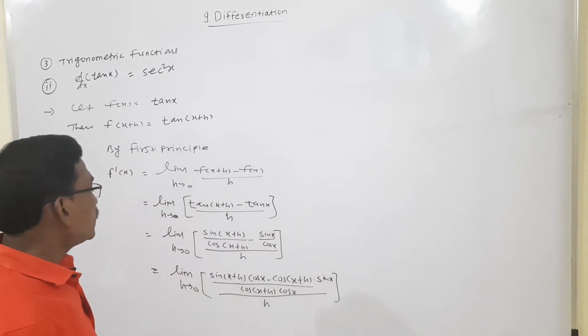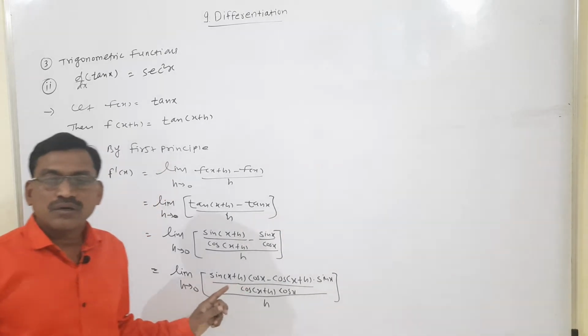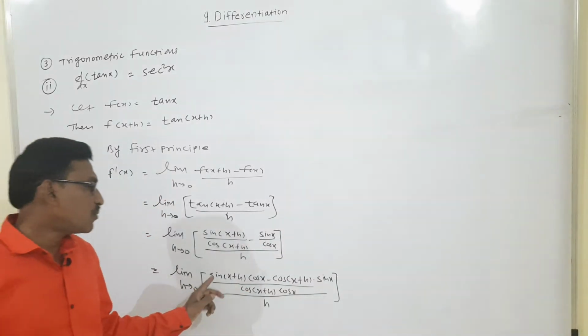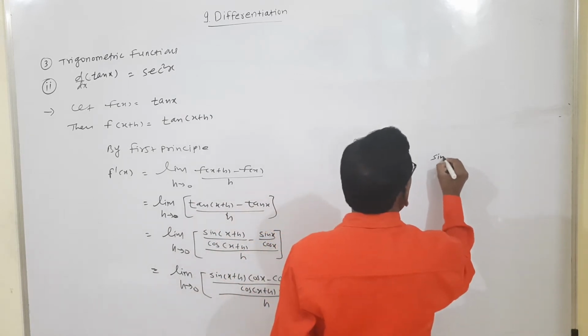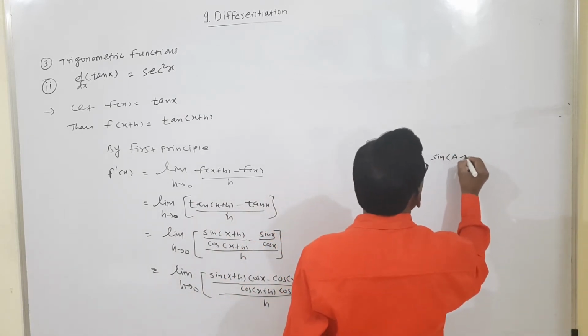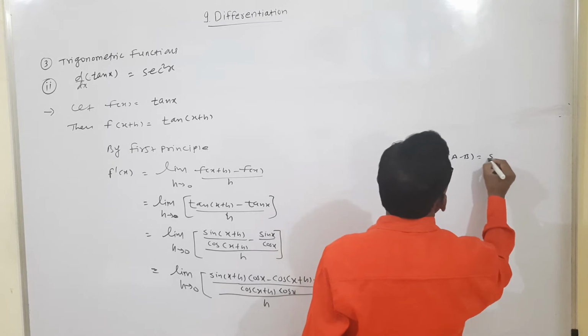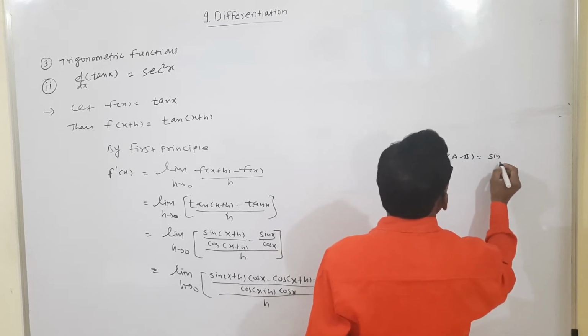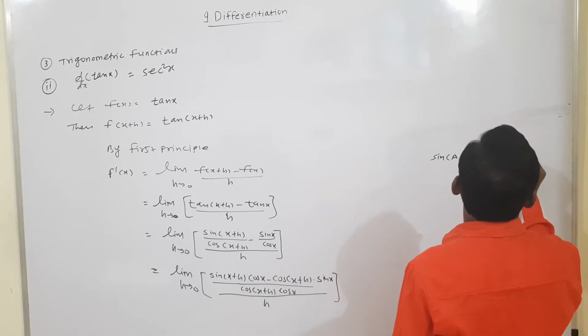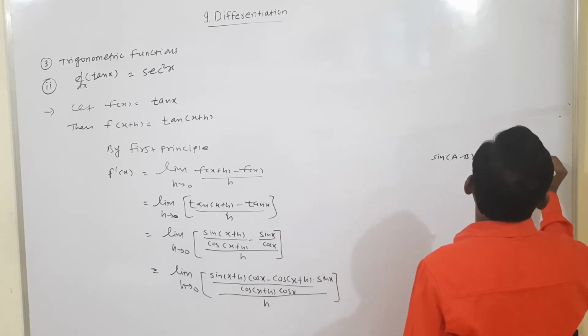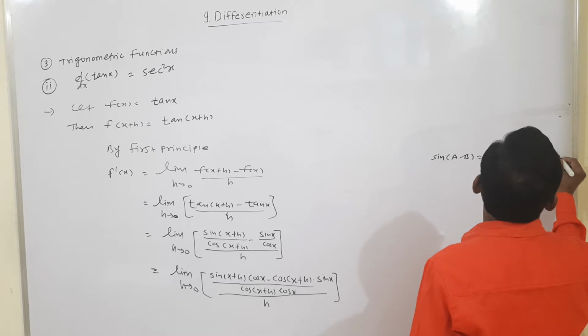Now we use the addition formulae. Sine of a minus b is sine a into cos b minus cos a into sin b.